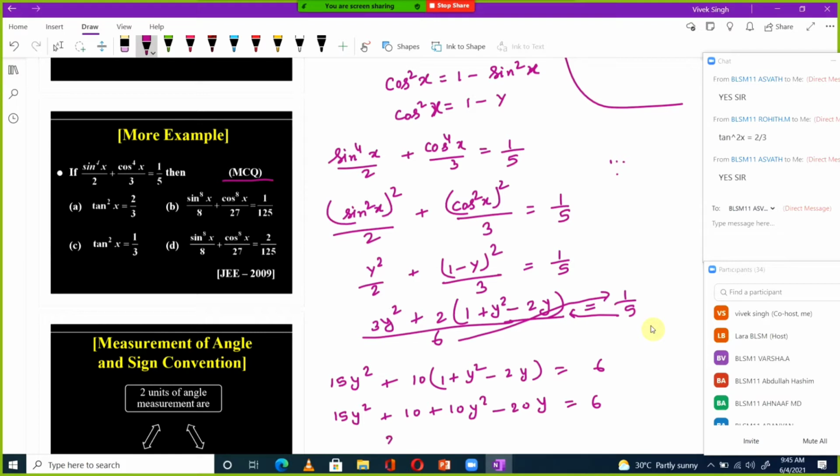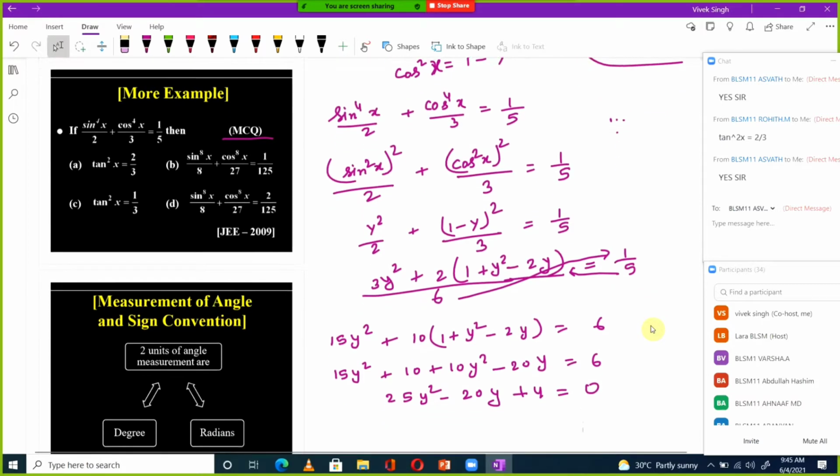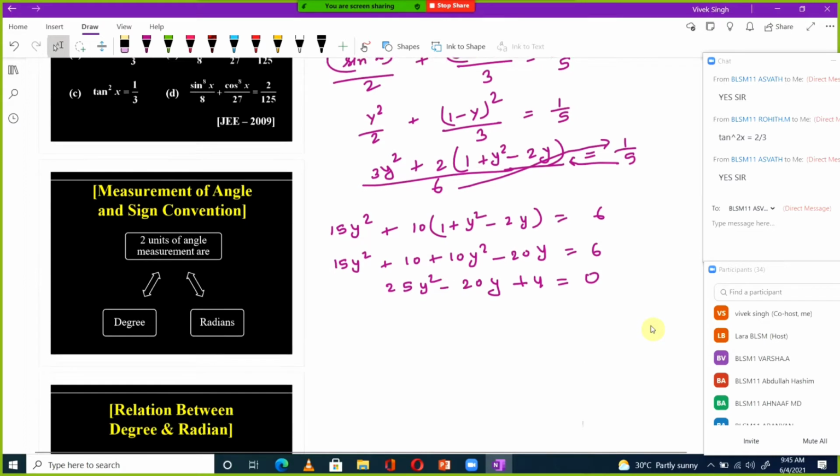Simplify this, so it will become 25y square minus 20y, and bring this 6 to this side, so it will become plus 4. 10 minus 6 will be 4 equal to 0. Now obviously it is a quadratic equation, you know how to solve quadratic.